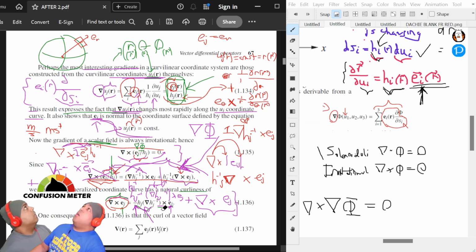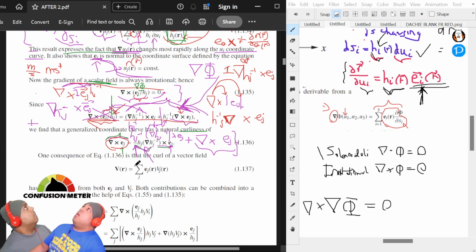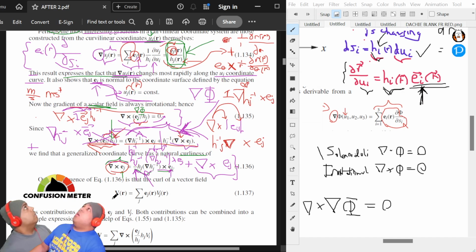Gradient of the reciprocal of the scale factor of the coordinate curve. Very insane sentence.